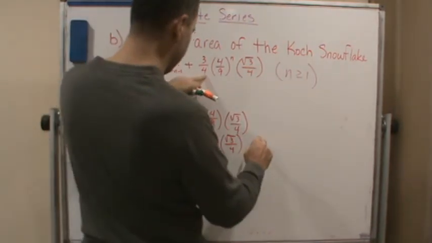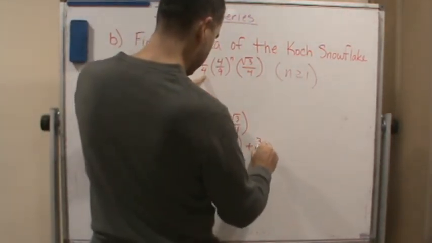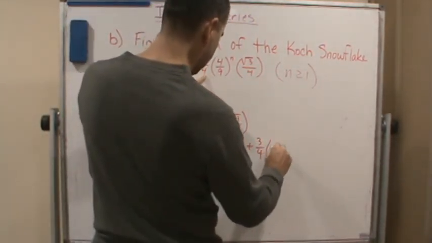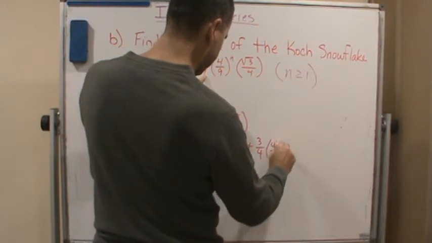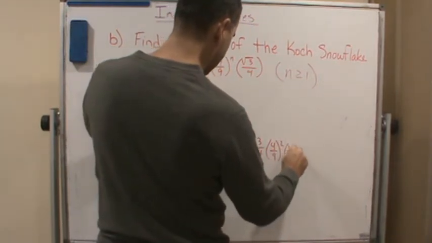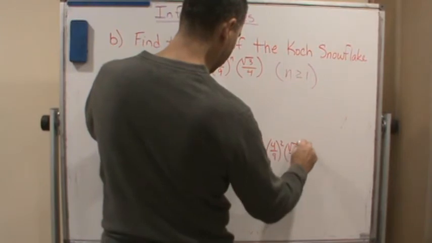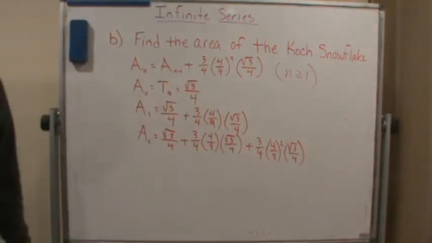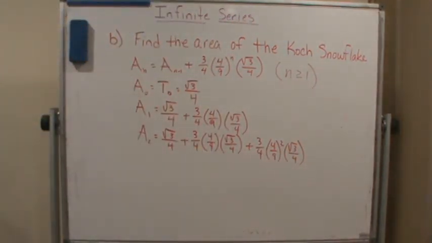So this is going to be plus 3/4 times 4/9 squared times the square root of 3 over 4. Okay, so that's a2.